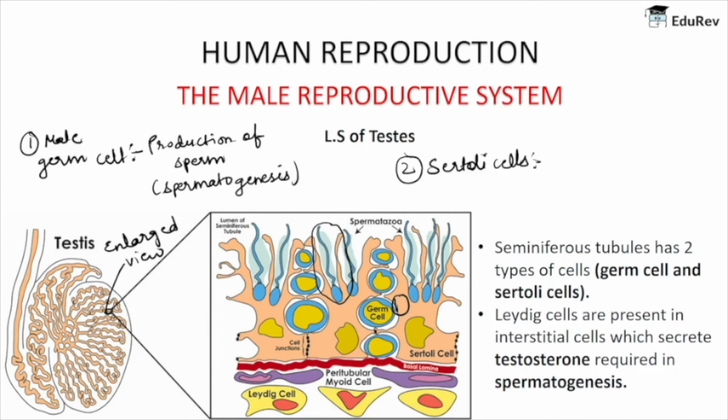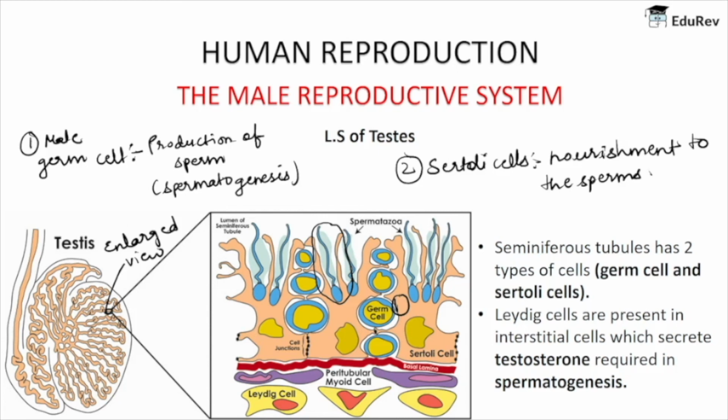Now, after the sperms are formed, they need nourishment. Yes, they need nutrition to remain alive or to grow. So, Sertoli cells provide nourishment to the sperms. So now you know the functions of the male germ cells and Sertoli cells together.